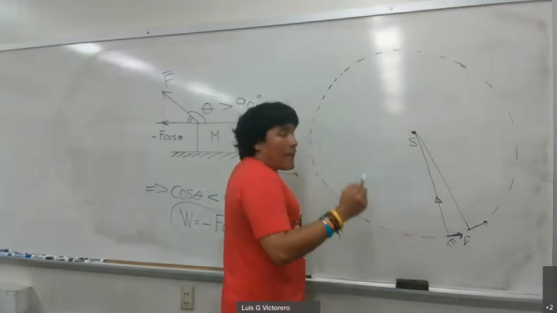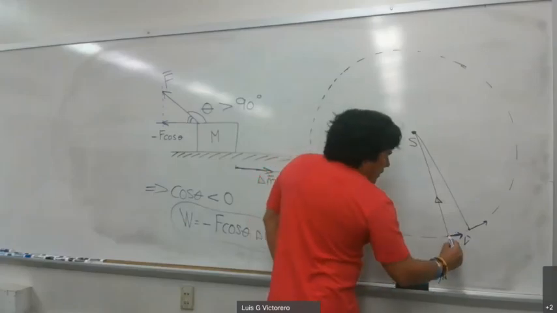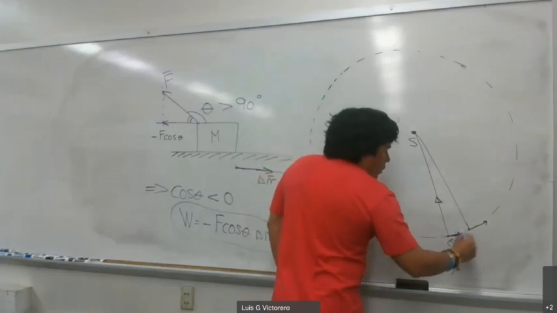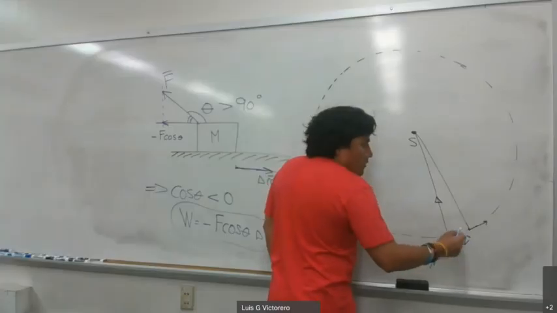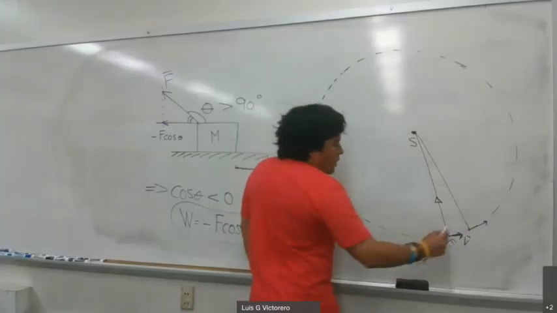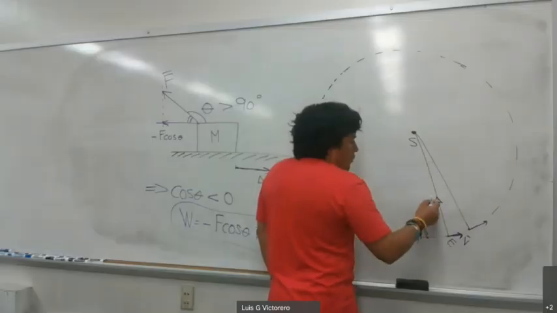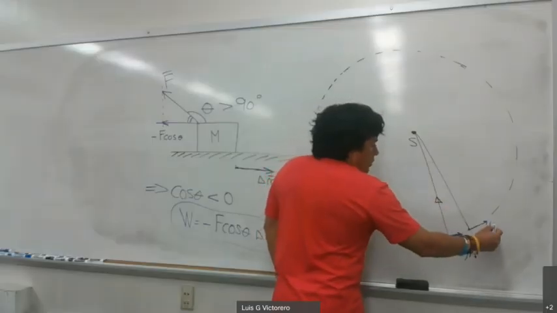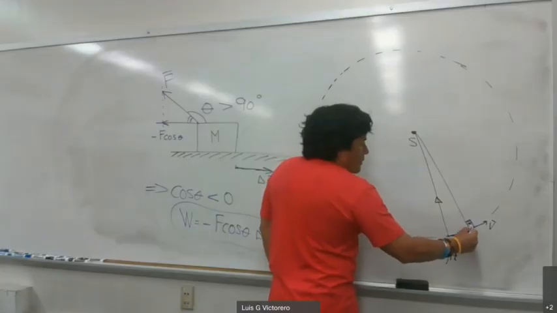So you can claim that for small periods of time, the orbital path of the Earth follows these arrows. And what's the angle between the radius or this force and that velocity vector? It's 90 degrees.